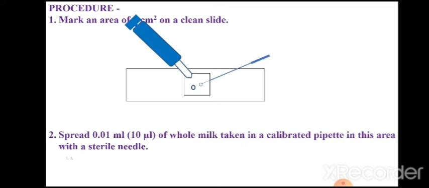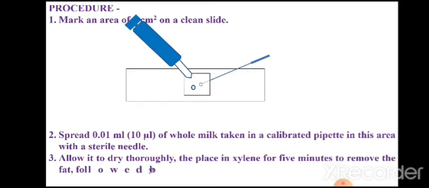Therefore, after the spreading, the slide is allowed to air dry, and then in order to remove these fat globules, which may interfere with the counting or may be mistaken as bacterial clumps, the slide is placed in xylene.